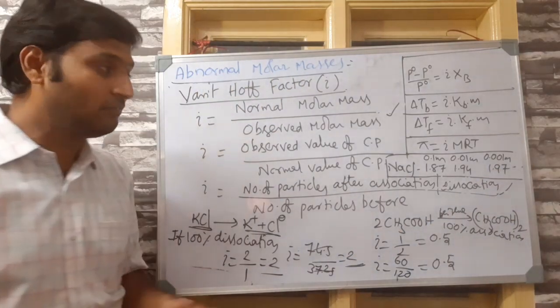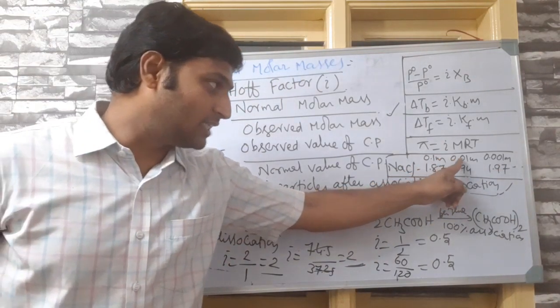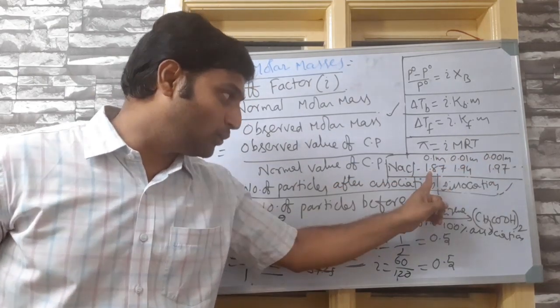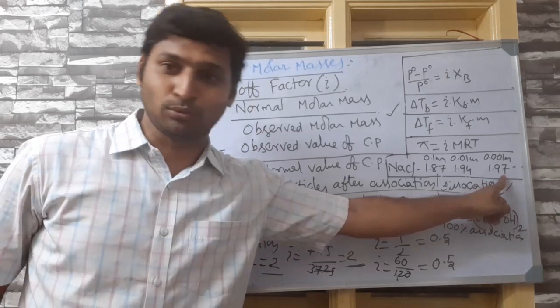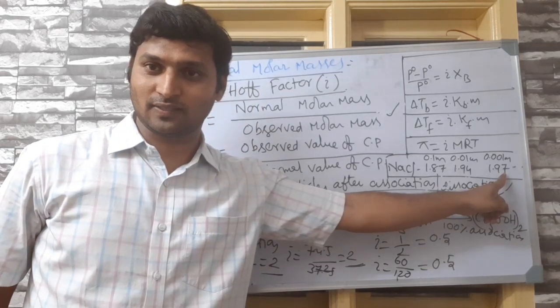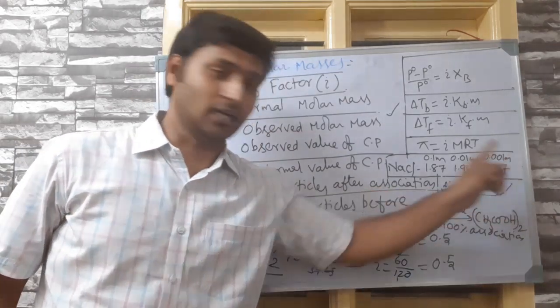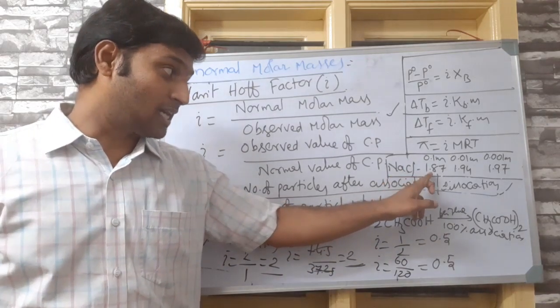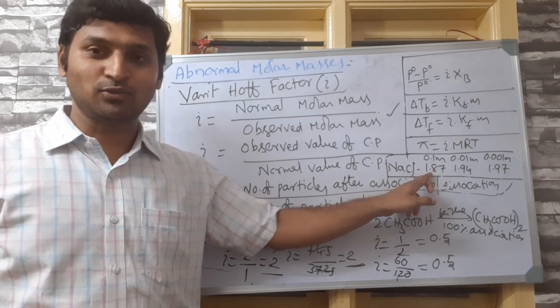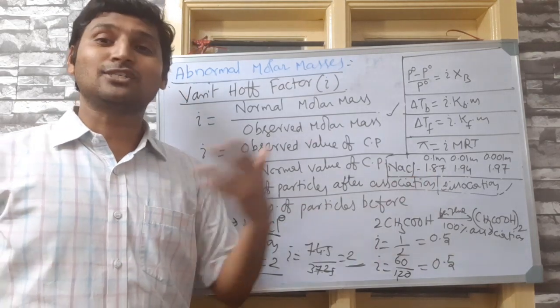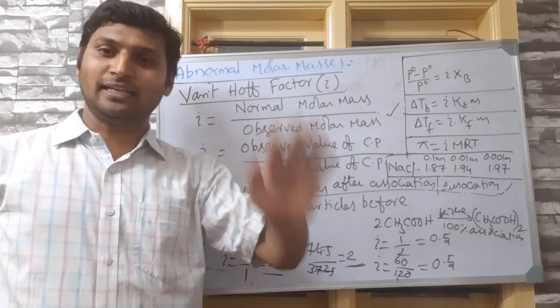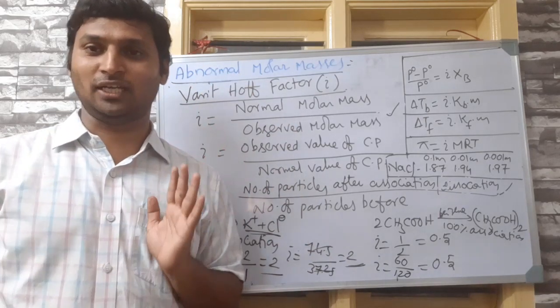Please observe, as the concentration is decreasing, as the solution is becoming more and more dilute, the Van 't Hoff factor is approaching 2. However, even at a fairly large concentration, the value is 1.87 because it is a strong electrolyte. Strong electrolytes are theoretically supposed to undergo 100% dissociation.